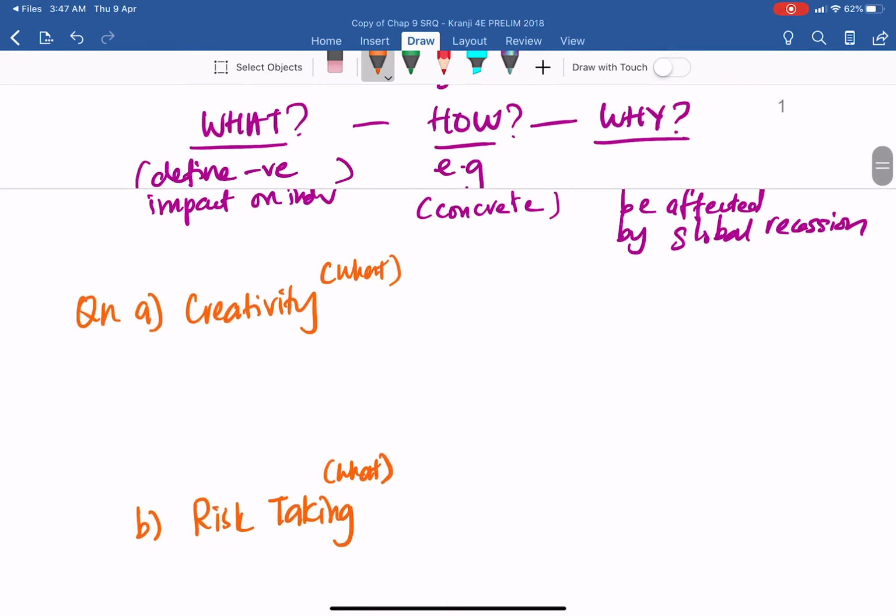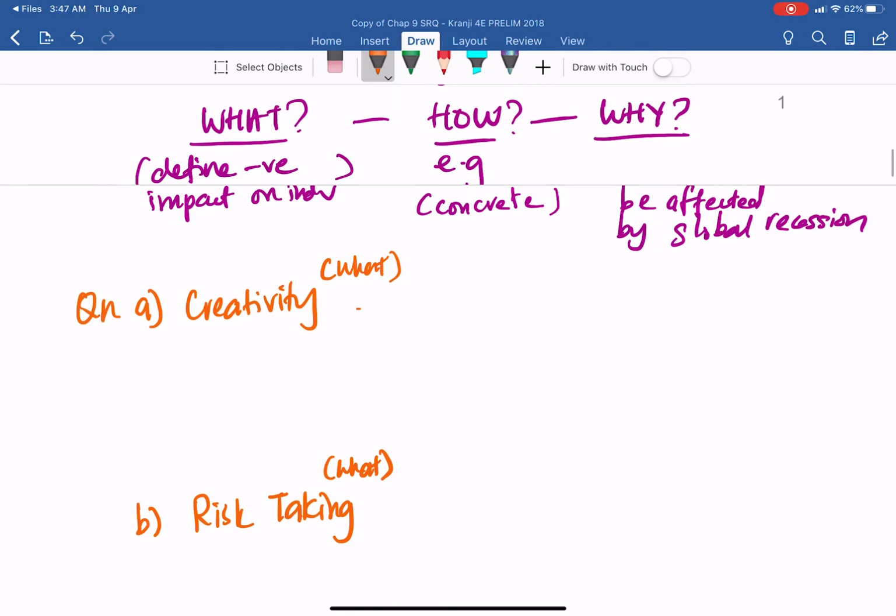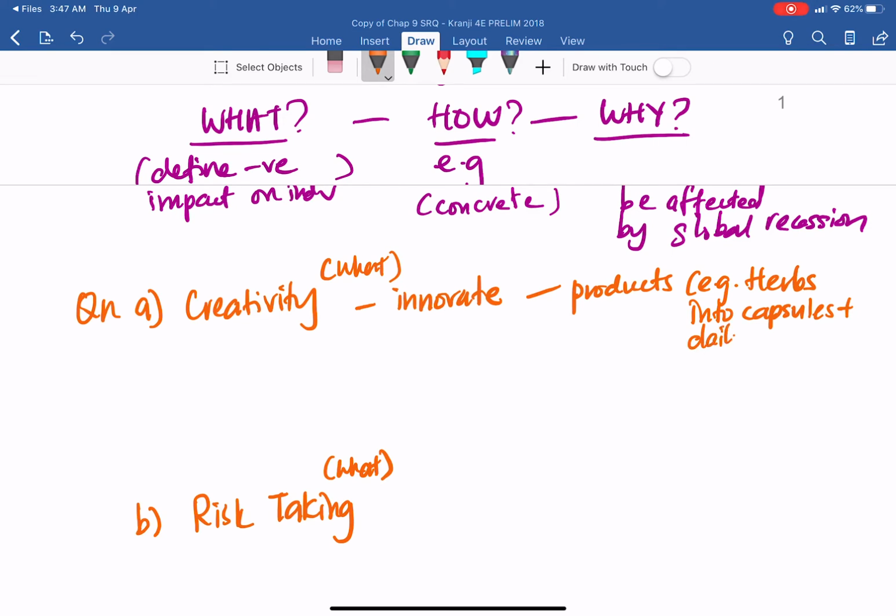Okay, so in terms of creativity, what can we say about them? The very fact that they were able to innovate, right? Constantly innovate. And when they are able to innovate, what do they innovate? They innovate their products, for example. So the one that I was telling you, herbs into capsules, or even some of it is daily packed, which makes packaging very accessible.